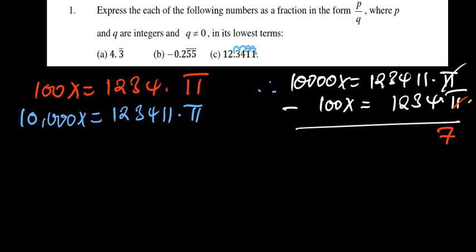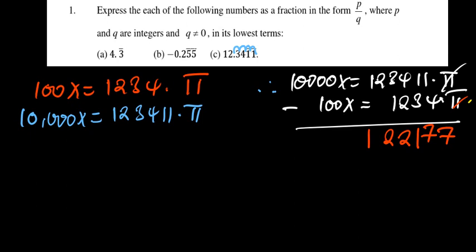I've remained with 10 here, so I'll borrow 1 from 4, then it will be 10. 10 minus 3 is 7. Then again here I'll remain with 3. 3 minus 2 is 1. Then 3 minus 1 is 2. Then we also have 2, then 1.